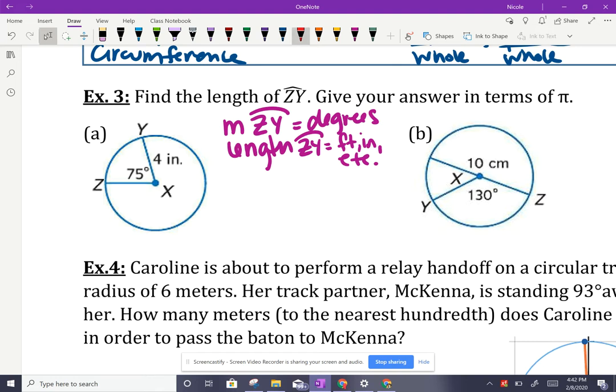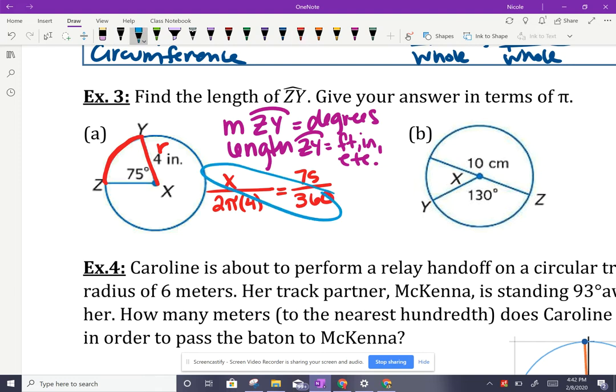So I'm trying to find ZY here. I have a radius of 4 and a degree of 75. So the length of this is going to be my x, that's what I'm trying to find, over the circumference, 2 pi, my r is 4, equals the degrees, which is 75, over the total, 360. From here, we cross multiply.